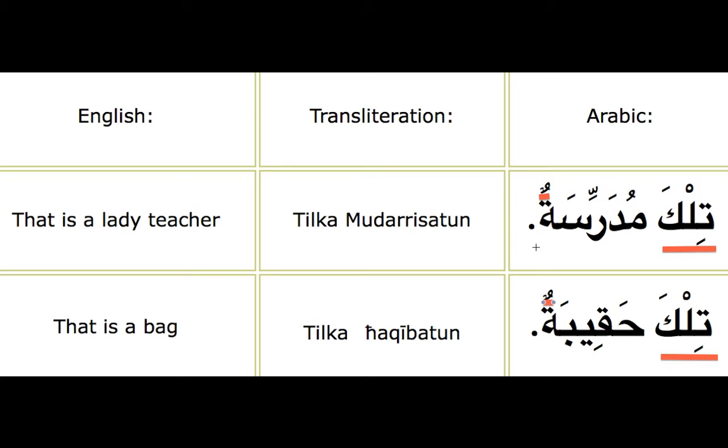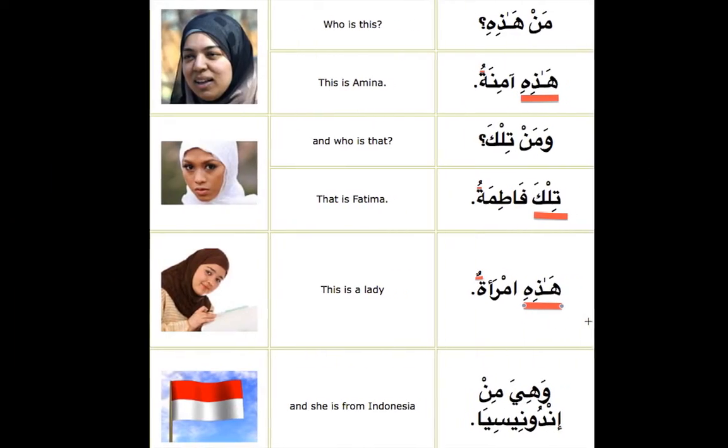They have to match, inshallah. Then tilka haqibatun. It can be a female or a feminine object. Haqiba is bag. So tilka haqibatun. It is used for both human beings and objects.